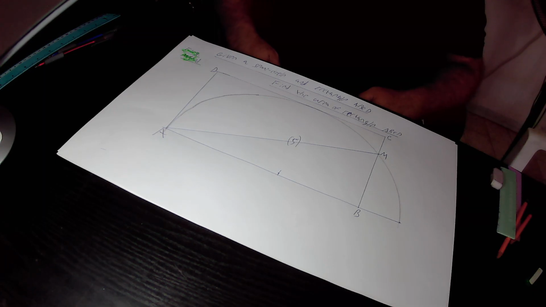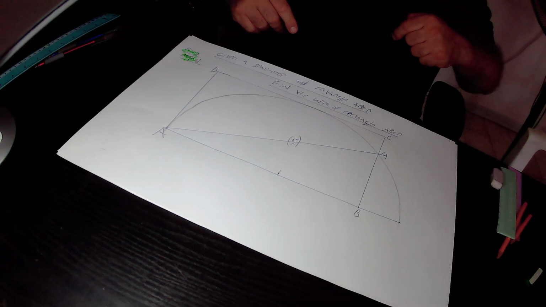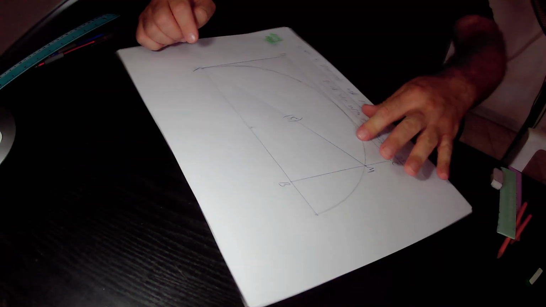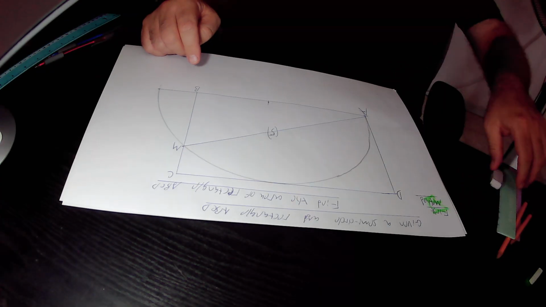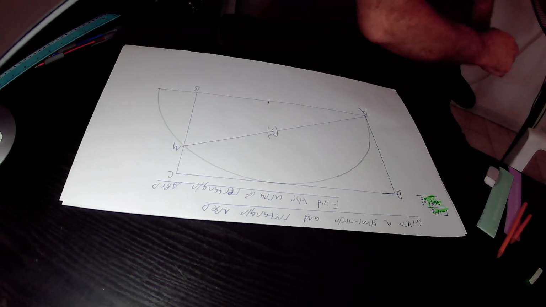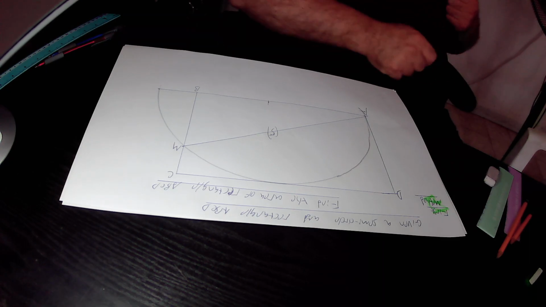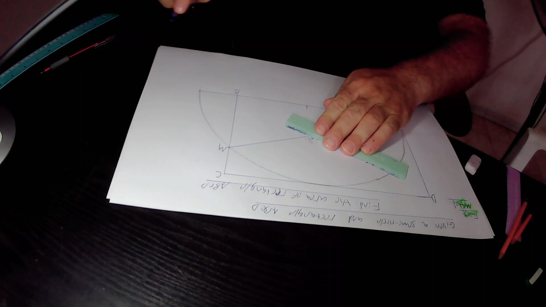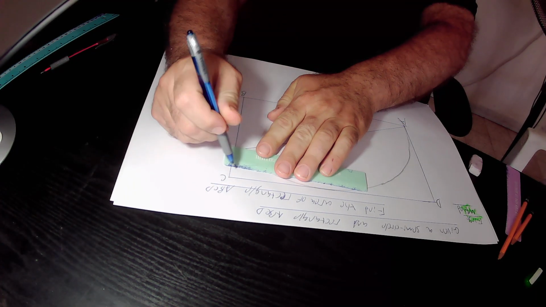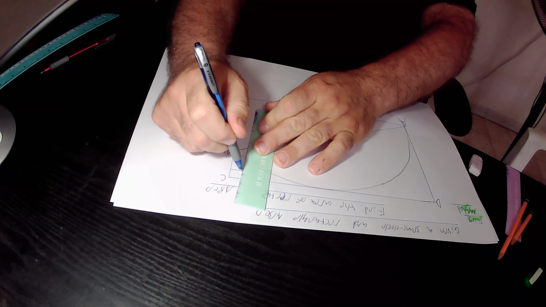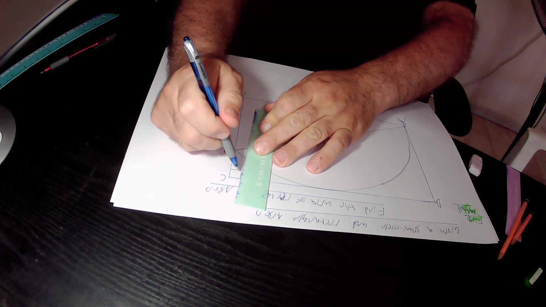First of all, the angles inside rectangle ABCD are right angles. So all those four angles are right angles. This is a right angle.